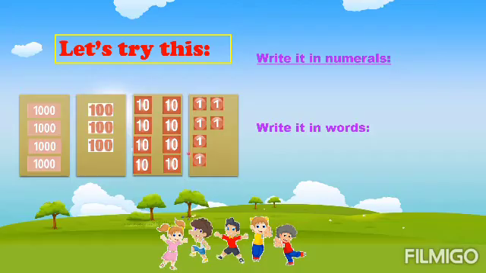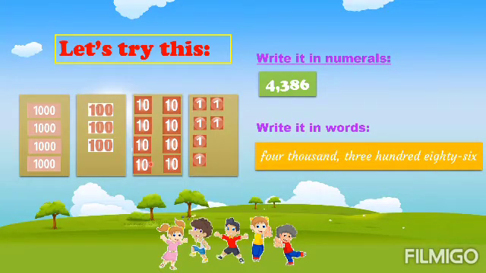So the numeral of this one is 4,386. So class, its word form is, okay, take a look, class. The word form is four thousand, three hundred eighty-six.